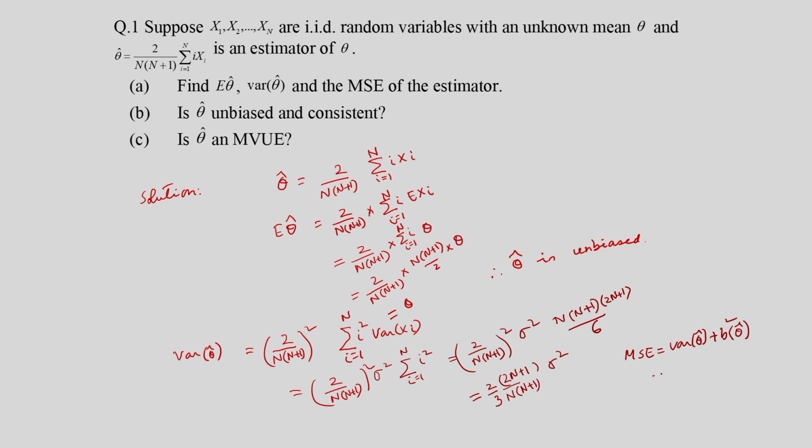So this will be simply this expression only, 2 by 3, (2n plus 1) divided by n into (n plus 1), into sigma square. So theta hat is unbiased.